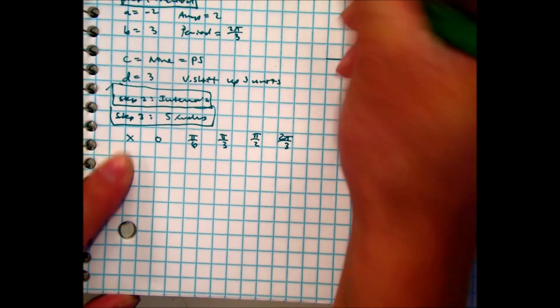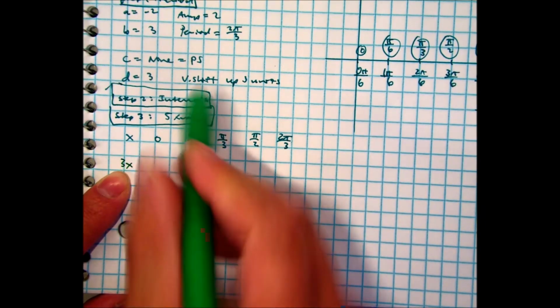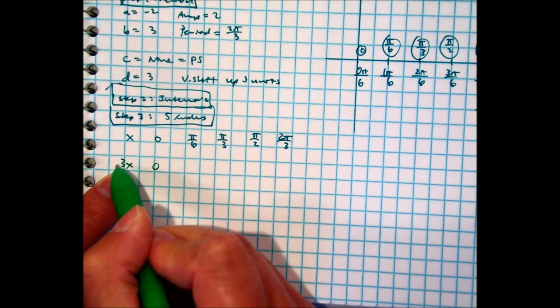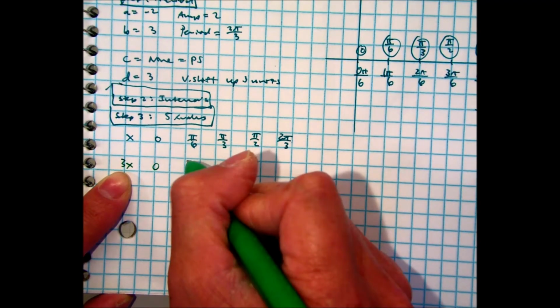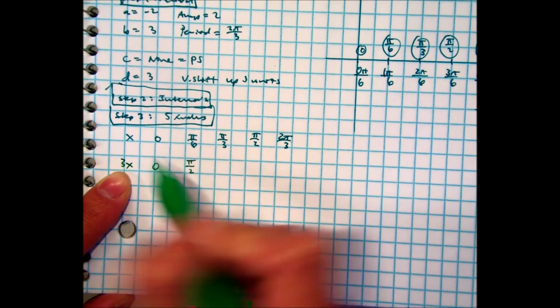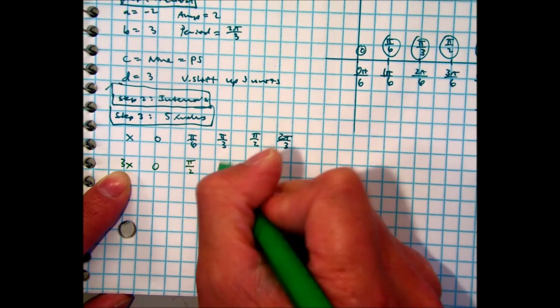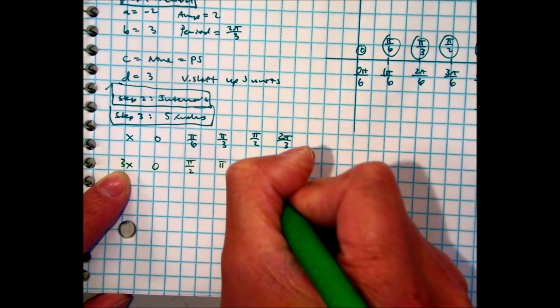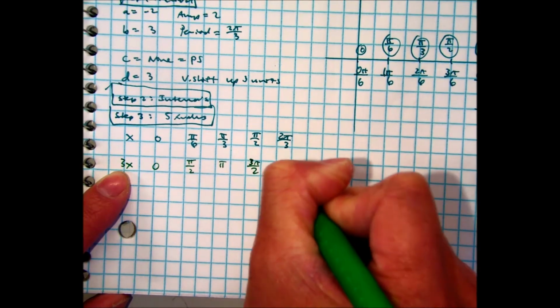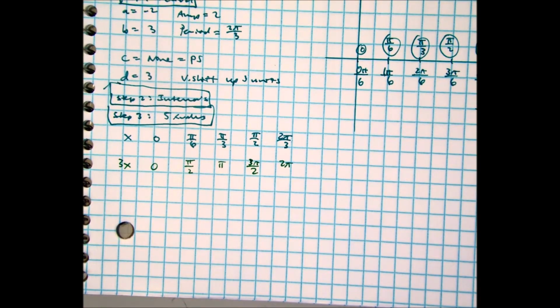Now, if I multiply these by 3, 3 times that number, I get 0. 3 times pi over 6 is 3 pi over 6, and 3 pi over 6 is pi over 2. 3 times pi over 3 is 3 pi over 3, which is pi. Class, what am I getting here? The quadrantals. Raise your hand if you got that. Alright, let's keep going.